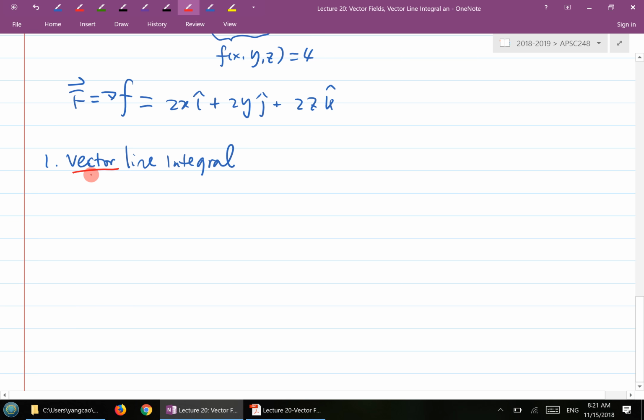Okay. Let's start with a simple one and introduce the idea of the vector line integral. If we apply a force to an object and push this object horizontally by a distance of d, then in high school or even middle school, the question asks how much work is done by this force.